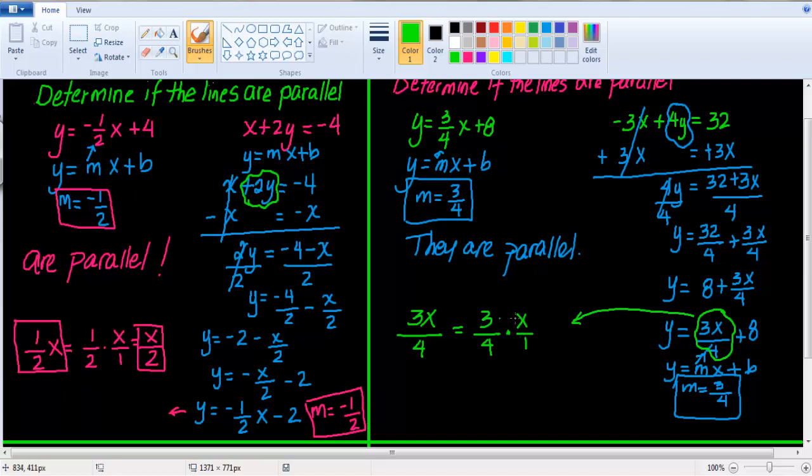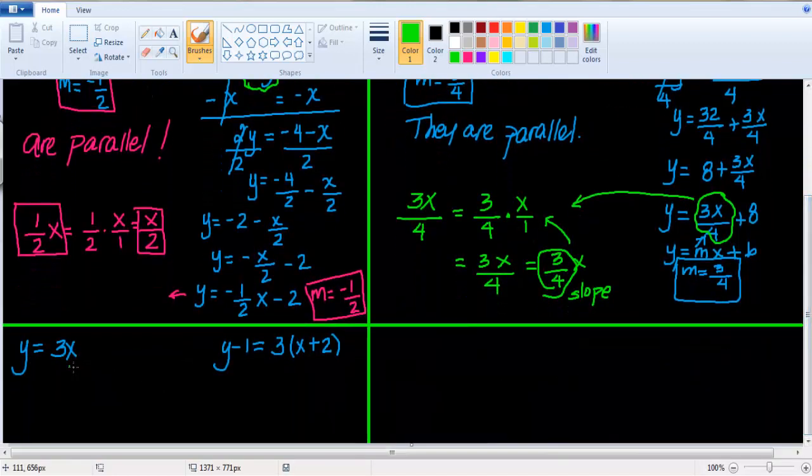So when you multiply numerator times numerator, you get 3x. When you multiply denominator times denominator, you get 4. So it's the same thing if you write 3x over 4 or 3 over 4x, which will be this same thing. And then this will be your slope. Okay? So there you have it. They have the same slope.